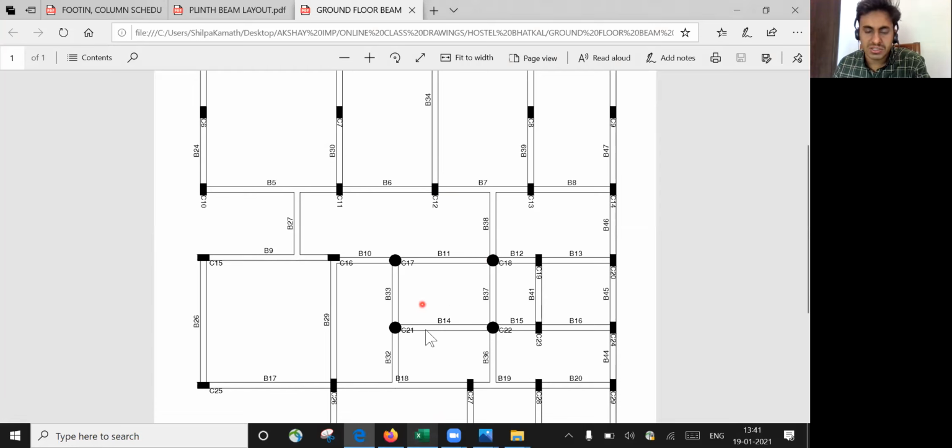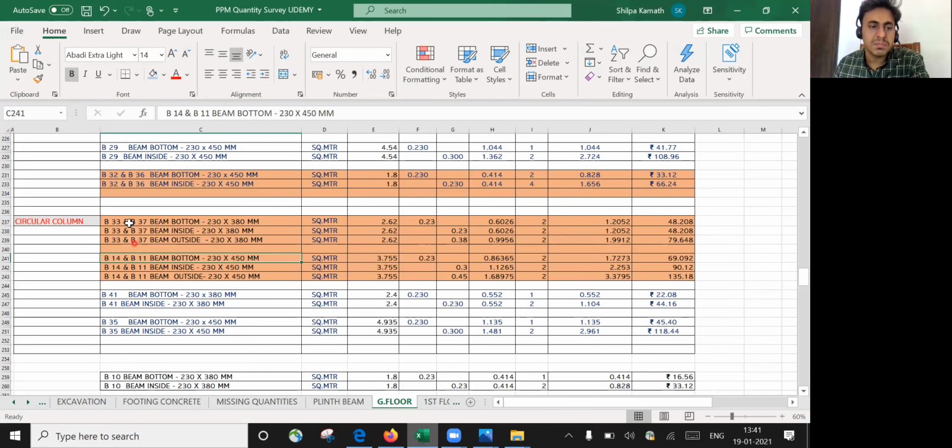I have taken these together. This grid line I have measured and taken, and B33 and B37 are similar beams. That is why I clubbed them together and wrote it this way: B33 and B37, and B14 and B11. So here everywhere it is 2, because I have taken two beams together. That is why I have multiplied this by 2. So this is how you need to do it for the circular column.